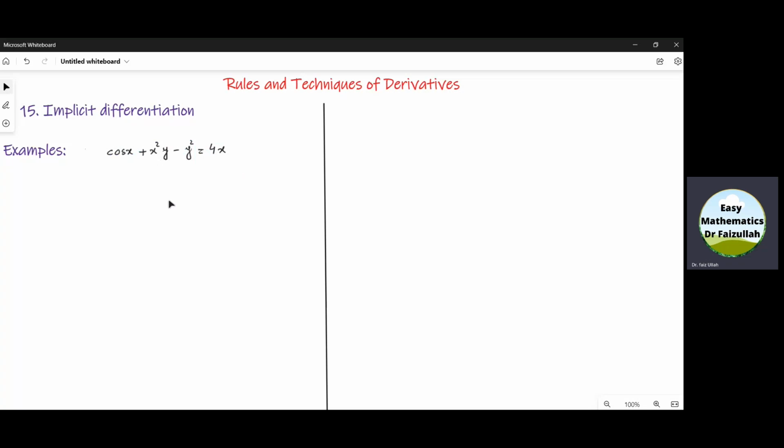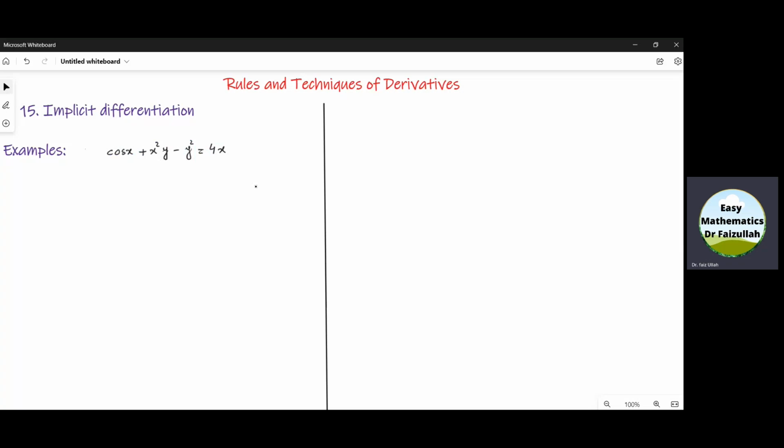After differentiation, we shall separate dy by dx and keep it on one side, and we shall transfer all the remaining terms to the other side of the equation, and that will be the required solution. Let us solve this example to explain the method.